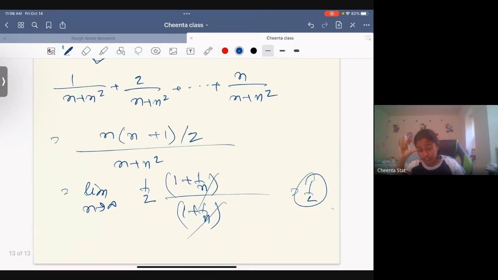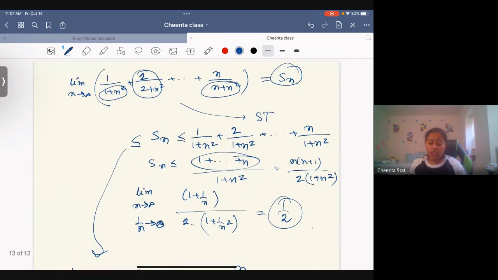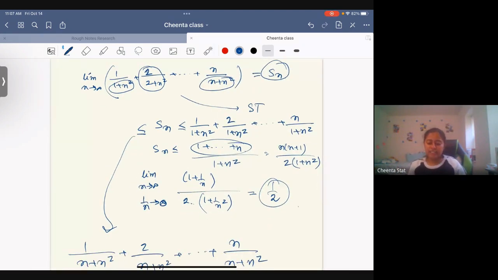Yeah, exactly. Hina said, our main idea is that to find this limit, we need to find something which is greater than this and something less than this, and both of them converge to the same value. Then this limit will converge to the same value. Did you understand this point, Hina? Okay.